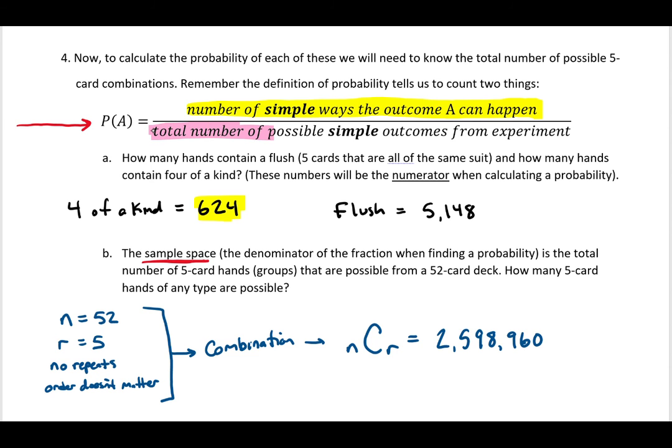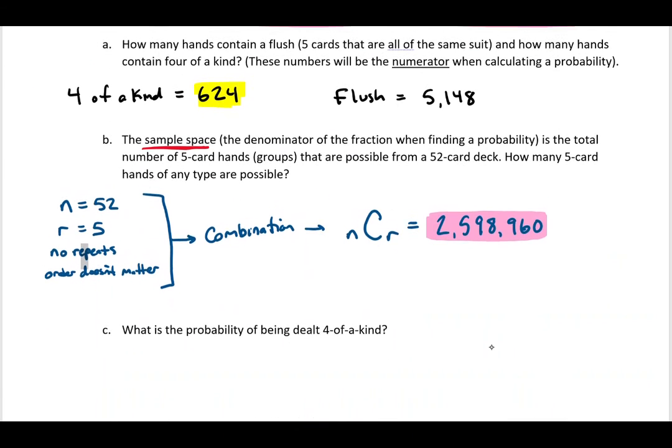The total number of possible simple outcomes from your experiment is 2,598,960. So to calculate this probability, we take those two numbers and divide them. We take 624, the number of ways our event could happen, divided by the total number of ways the experiment could play out.